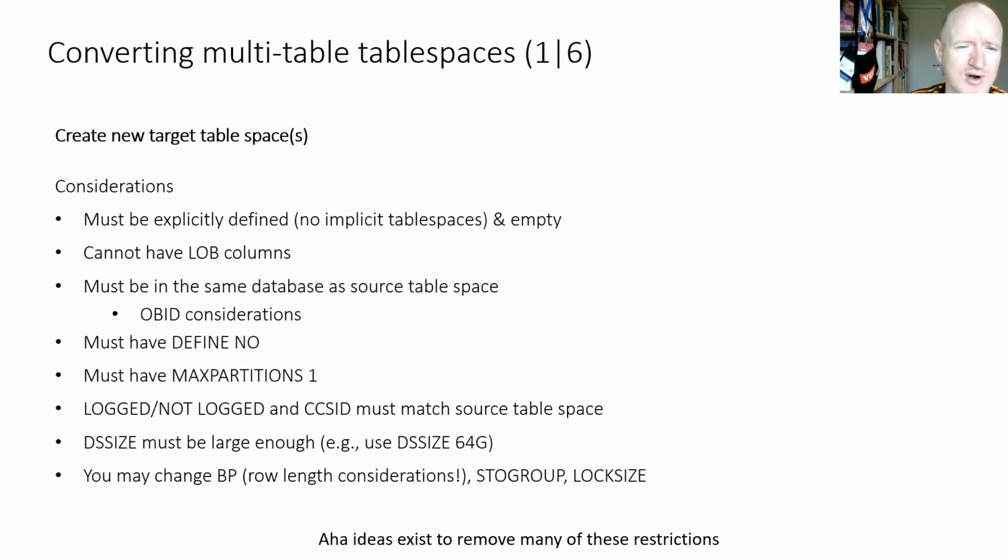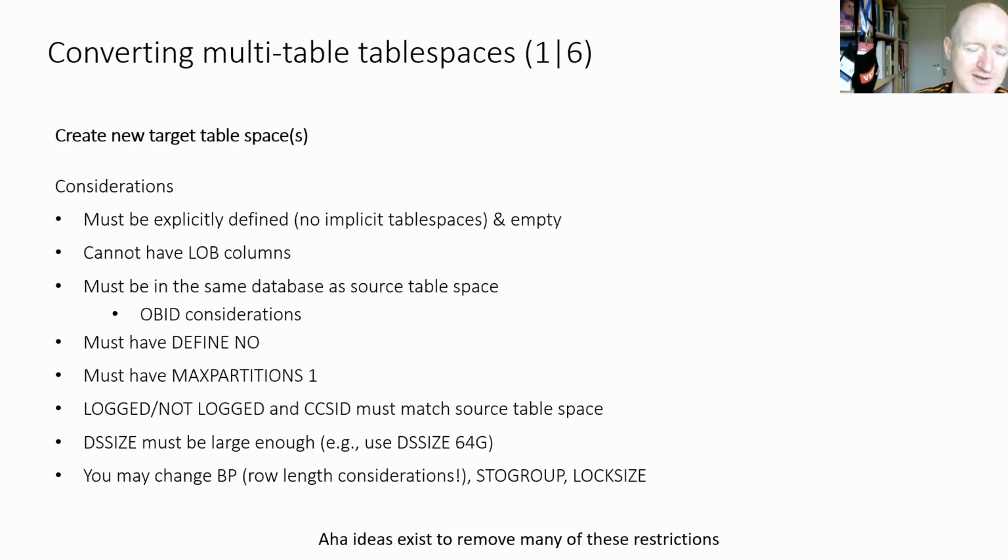It cannot have LOB columns, so this might be a restriction for some. It must be in the same database as the source table space, so you can only move tables within the original database. If you have a lot of tables in that database, you might run into the limit of available object IDs.